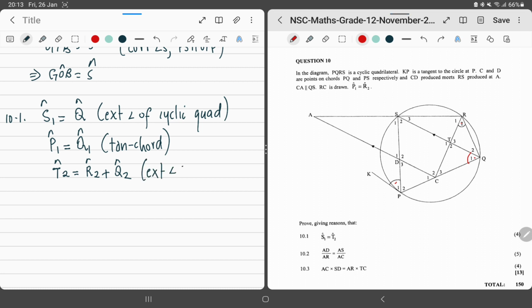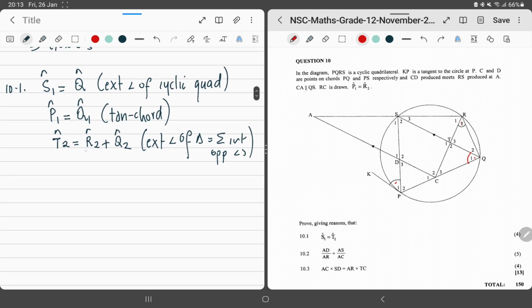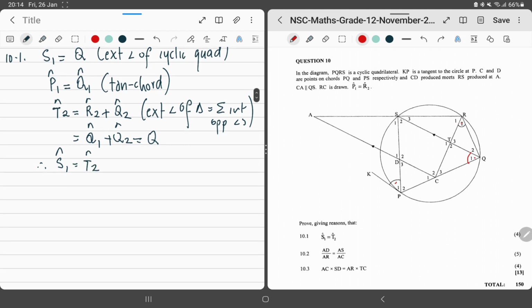Exterior angle of triangle is equals to the sum of the interior opposite angles. But we know that R2 is equals to Q1. So this is Q1 plus Q2, which is just simply Q. Therefore, S1 is equals to T2, because they are both equals to Q.